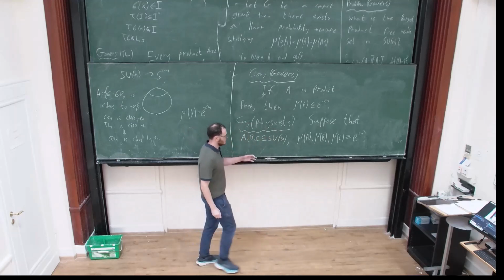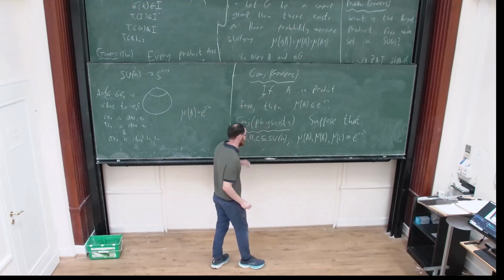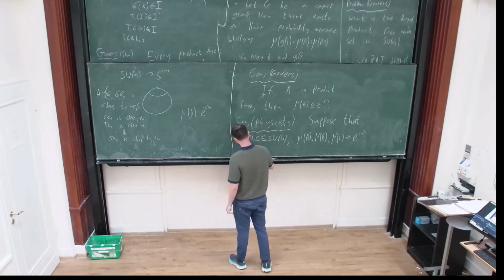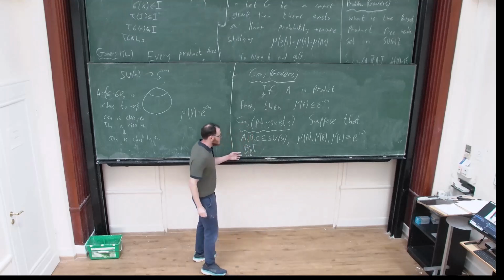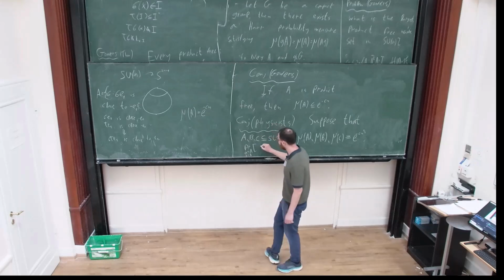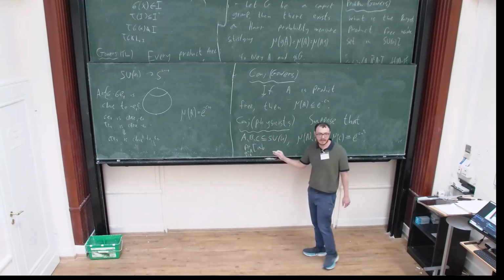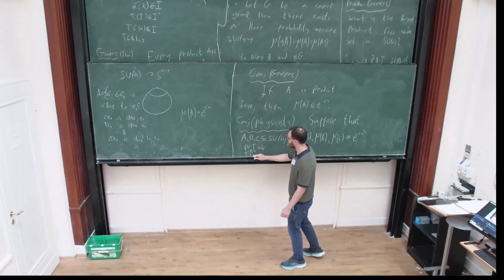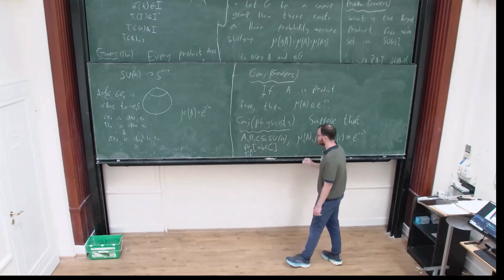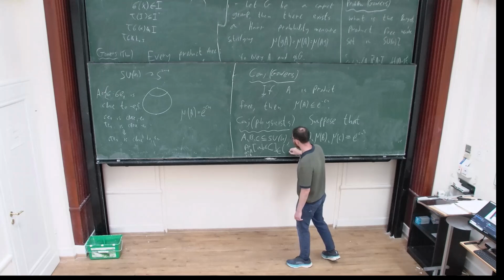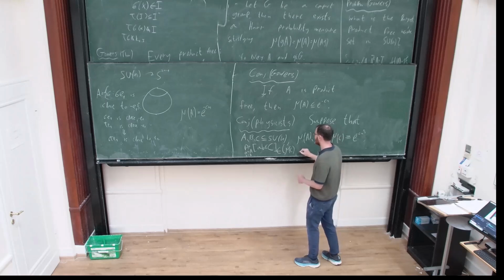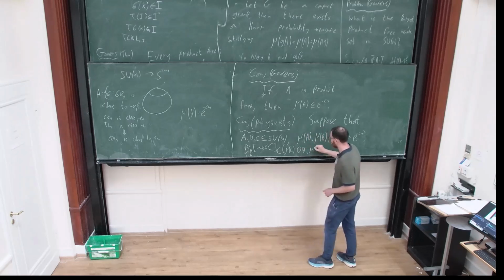So the conjecture is that for arbitrary sets, if I choose randomly a in A and b in B, then the product ab is already uniformly distributed in SU_n, and it's so uniformly distributed that the probability that ab is in the set C is very close to the measure. So it's in between mu of C times 0.9, let's say, to mu of C times 1.1.